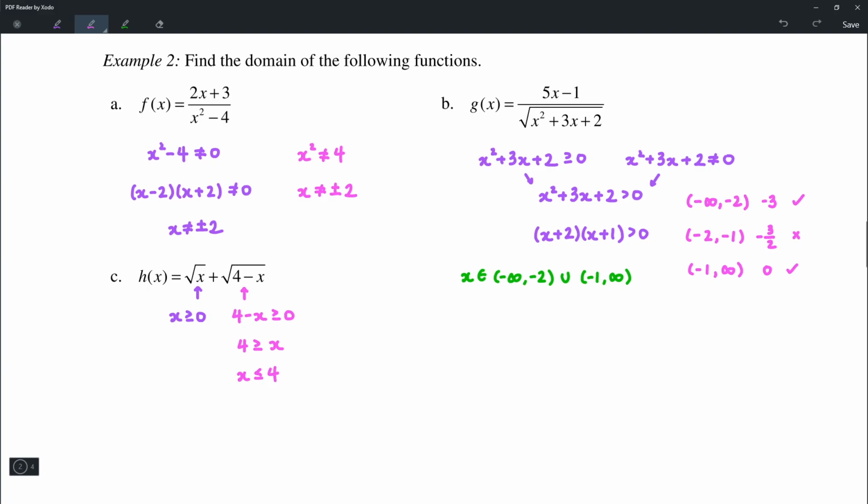Combining the two different restrictions, we have the domain, and that is x is between 0 and 4. Or written as an inequality, 0 is less than or equal to x, which is less than or equal to 4.